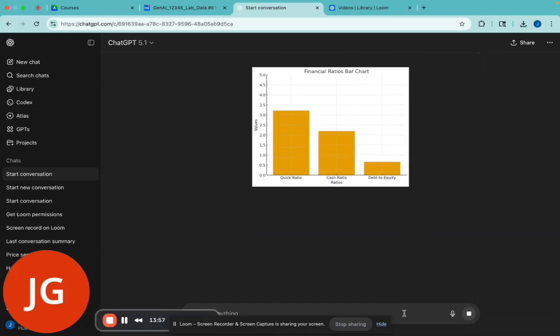Perfect. Now, the eighth prompt I'm going to ask is, save the bar chart as a PNG file titled GenAI 81632 Lab.